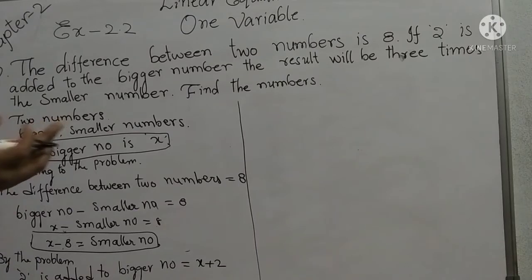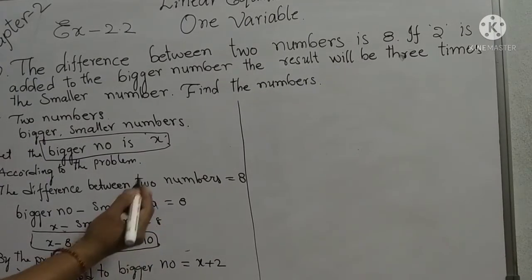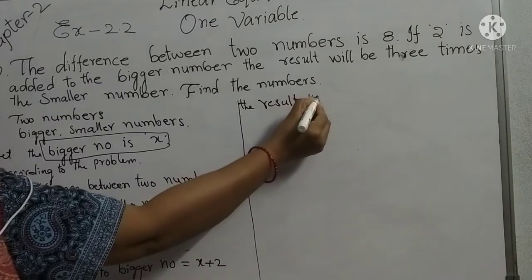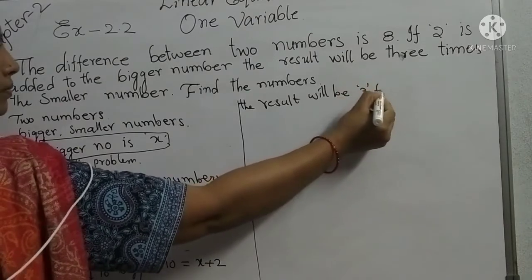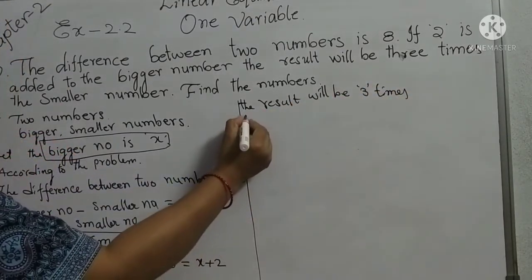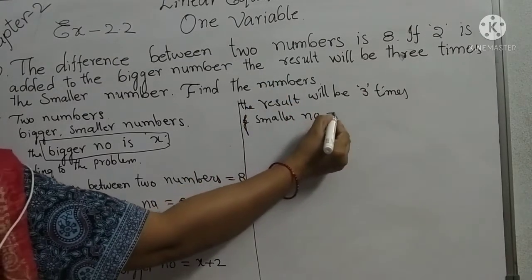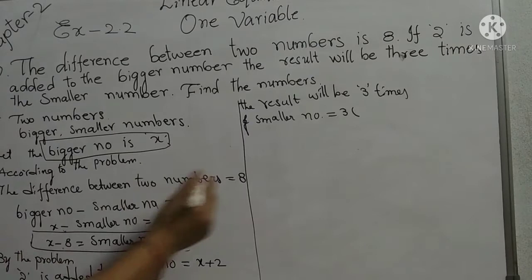Now the result will be 3 times the smaller number, so write that: the result will be 3 times the smaller number. It means 3 into the smaller number, which is x minus 8.